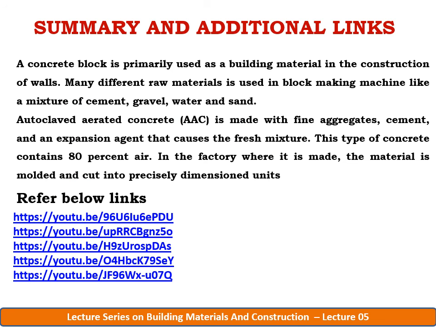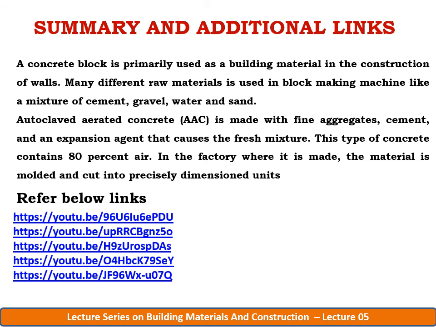So this is the summary of the today's lecture. Concrete blocks is primarily used as a building material in the construction of the wall. Many different raw materials can be used for making the block. So here the raw materials such as cement, gravel, water and sand are added.